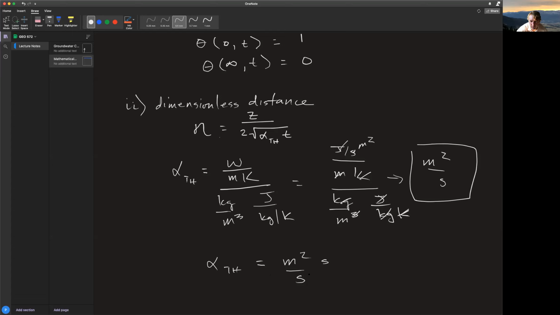All right, so these two are going to cancel, and the square root of that is going to give me a unit of meters. So this gives me meters over meters. All right, so this is dimensionless.